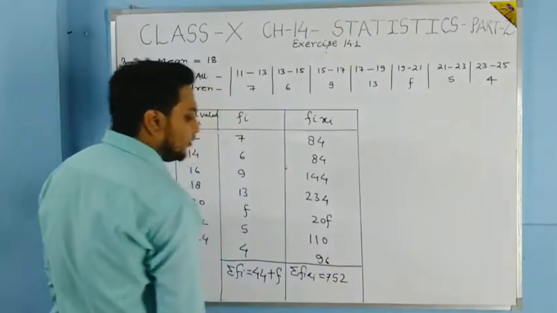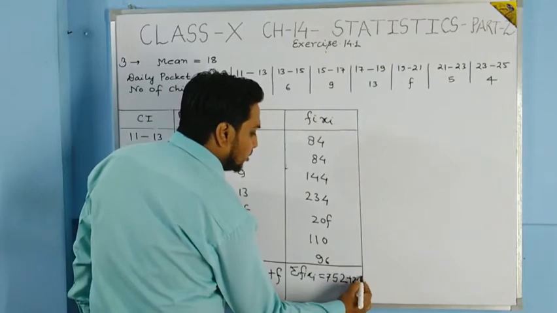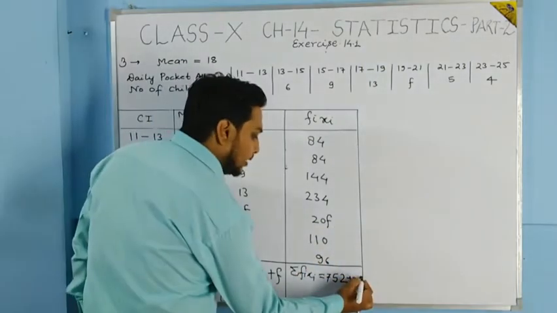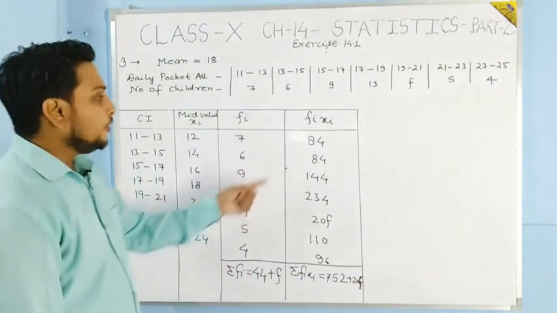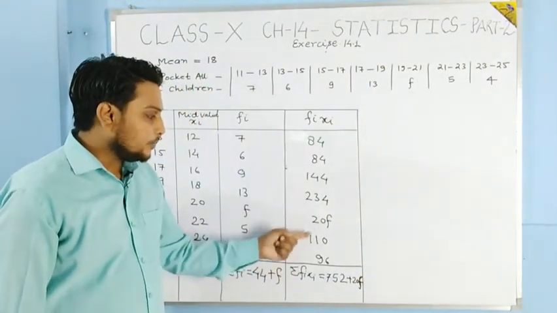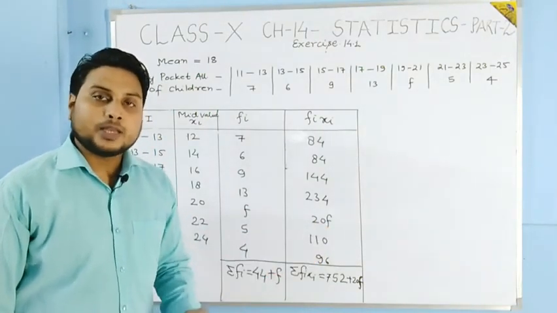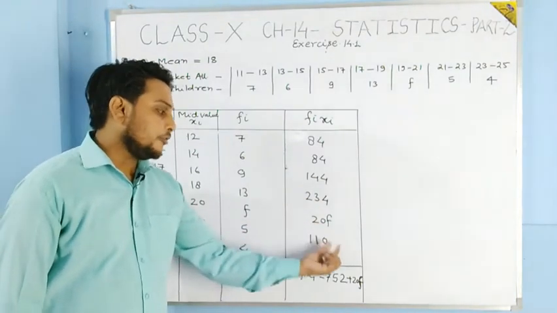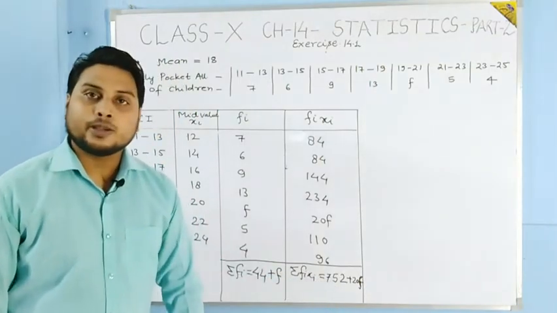So 752 plus 20f. The term with f we write separately, that is 20f. We have added all these except 20f, because only like terms will be added, so 20f we will write separately, and the rest of the numbers we have added.